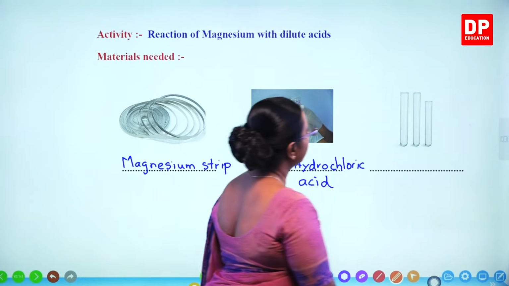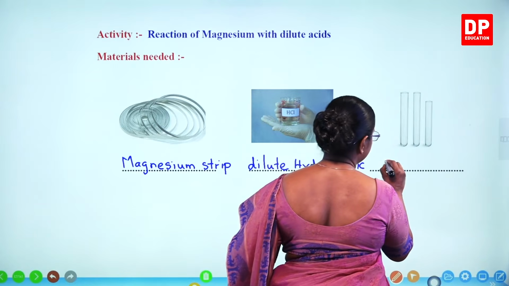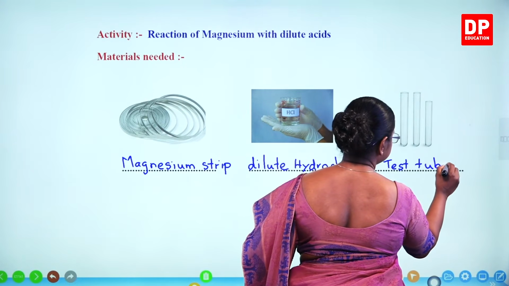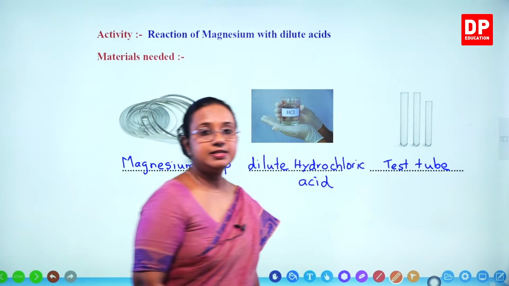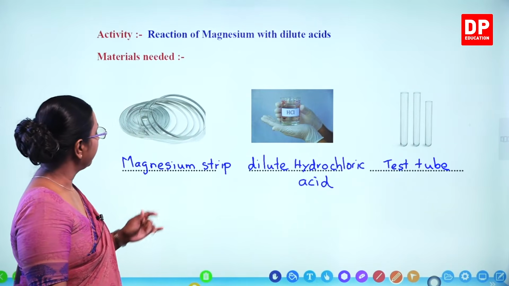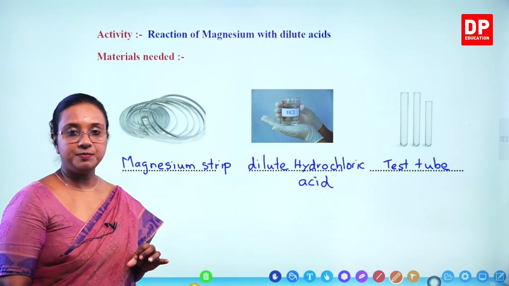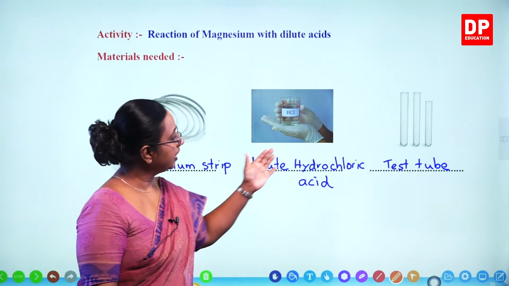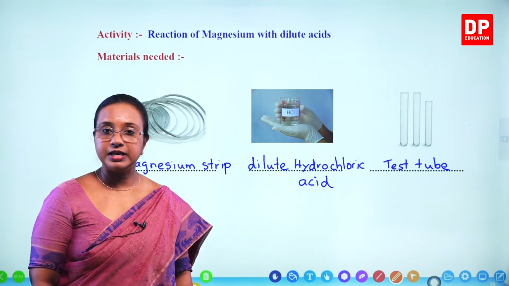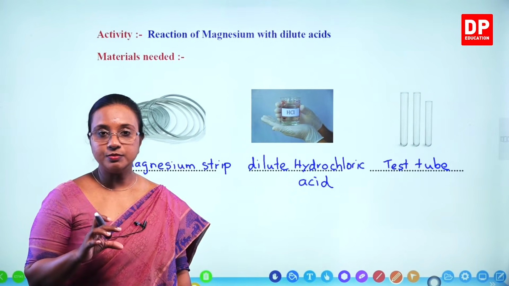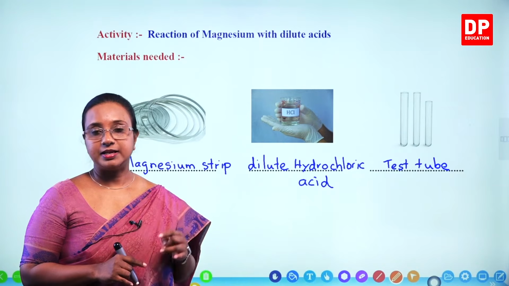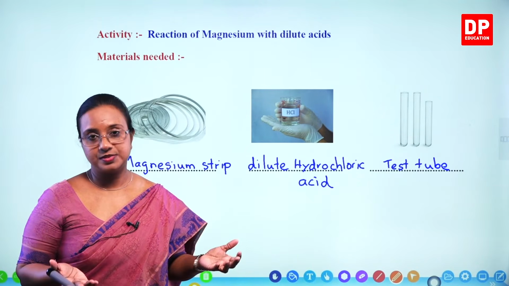And to carry out the reaction, we will need test tubes. This is a very simple activity. We need to have clean magnesium strip, and then we take a small amount of the dilute hydrochloric acid into a test tube, and into that we put a clean piece of magnesium strip and observe.